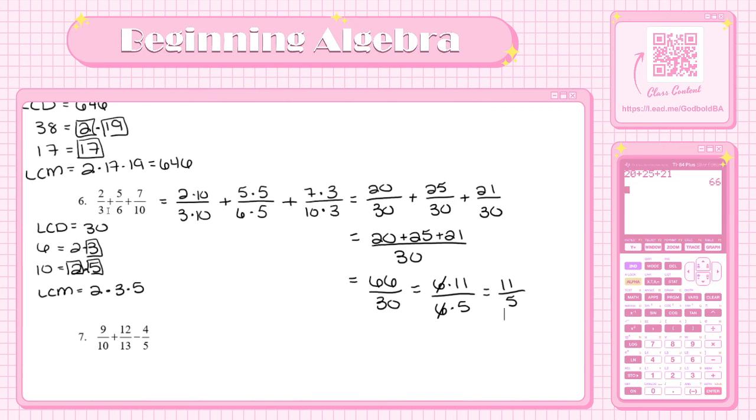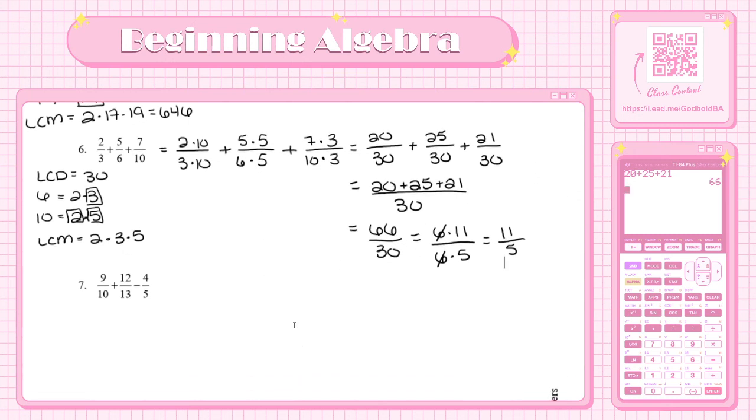Like this one, I could have done 3 times 6 times 10 and just used that number as a common denominator and rewrote everything, and it would have worked, and I still would have gotten the correct answer. I just would have had to do a lot more simplification. So if all else fails and you cannot figure out what the least common denominator is, just multiply all the denominators and use that number, okay?